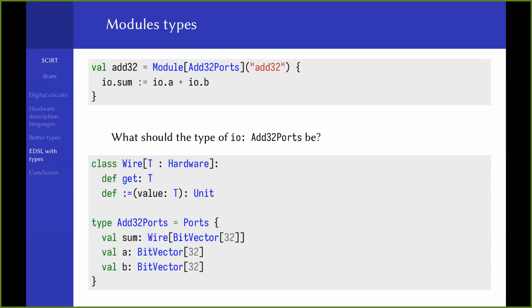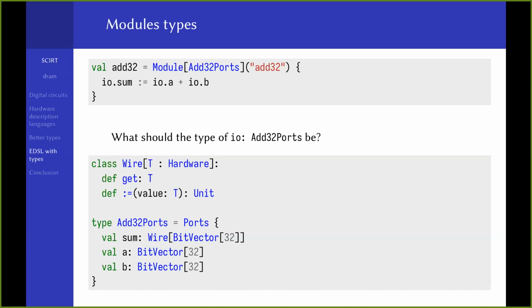So going back to the example, what we need to do is give us an I/O value, so that we can access the wires, with wires as outputs and signals as inputs. For the wires thing, I didn't actually give the definitions here, but there's a get member that will return the underlying hardware signal name, and there's a colon-equals that will assign it to a signal.